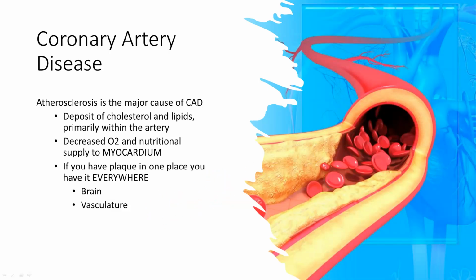As plaque builds up, the blood flow will decrease. This leads to ischemia. We're going to refer to that ischemia as angina, so chest pain. That's typically when the O2 demand exceeds supply.